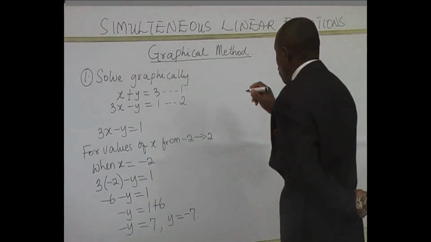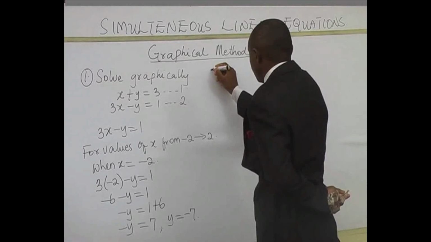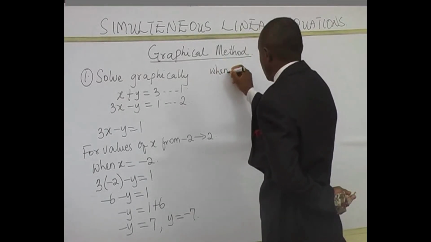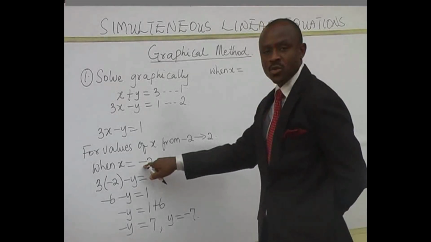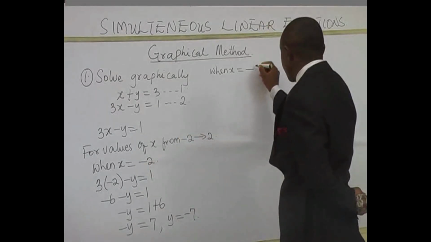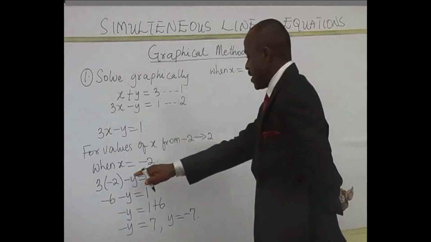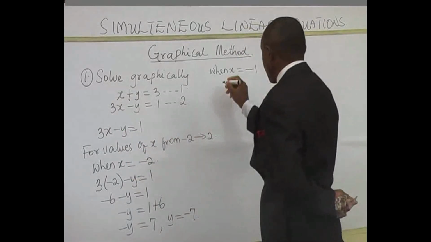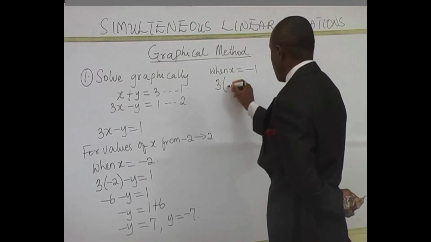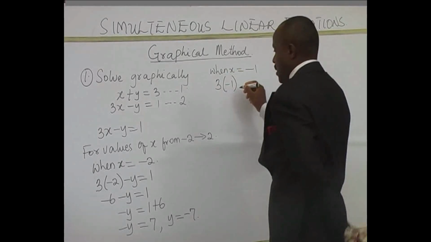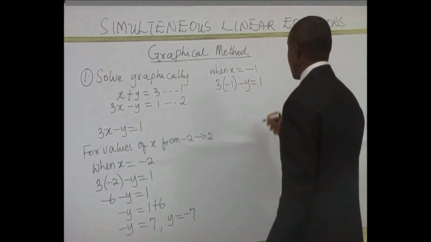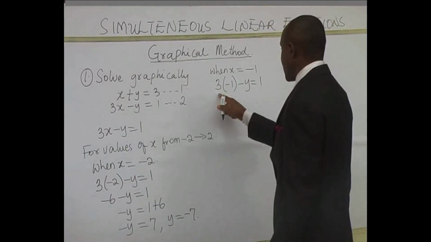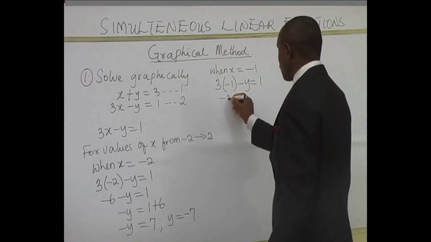The next one is when x is equal to, the next number after minus 2 is minus 1. So when x is minus 1, we get from the equation 3 into minus 1 minus y is equal to 1. If you open bracket, 3 times minus 1 will give you minus 3.